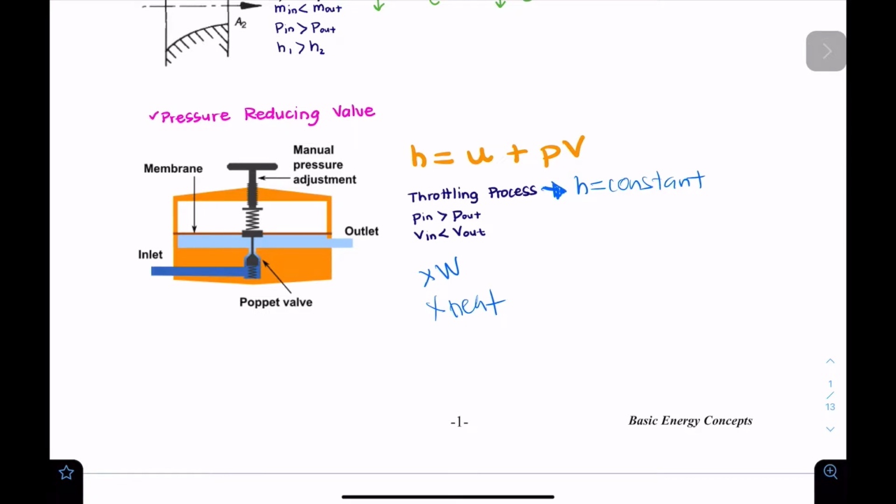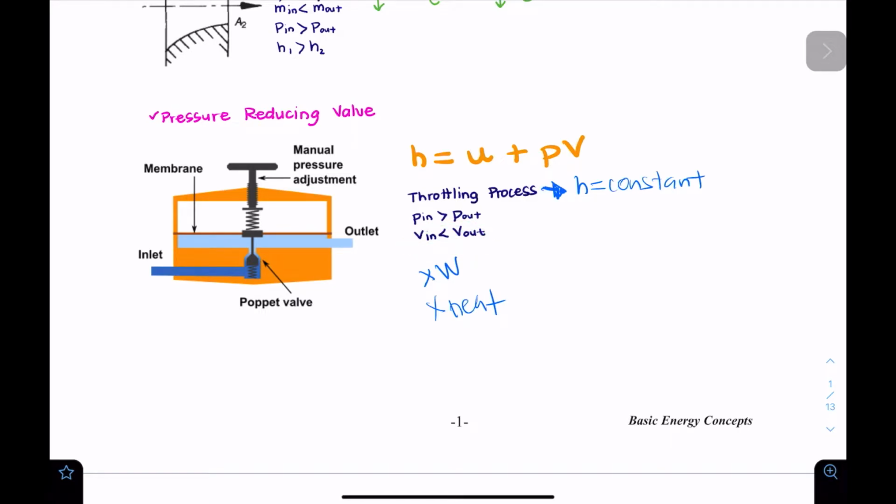From experience, we can observe that the inlet pressure is going to be greater than the outlet pressure. Also, the inlet velocity is going to be smaller than the outlet velocity. I'm sorry, the specific volume, not the velocity. So the inlet specific volume is going to be smaller than the outlet specific volume.